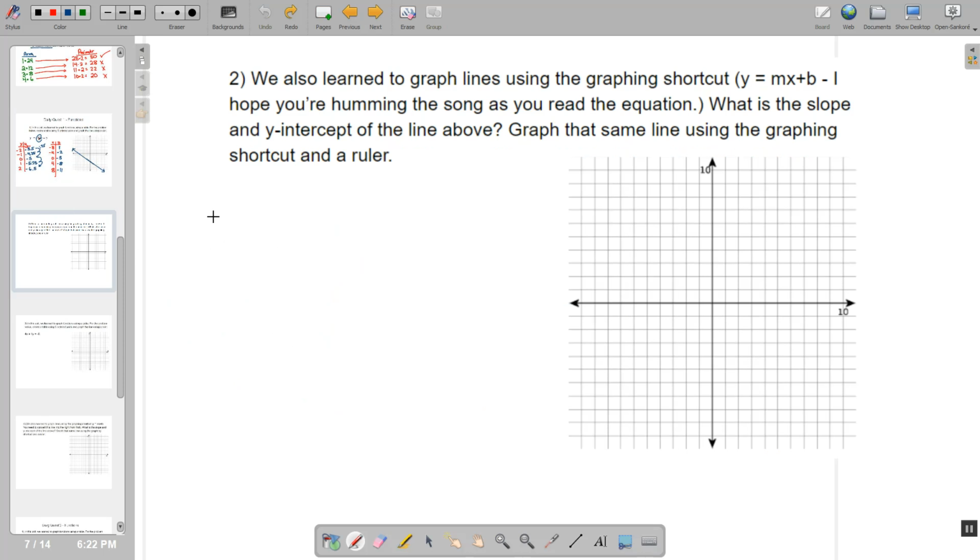Now, for our line, which is y equals -3/4 x minus 5, we can also use the slope-intercept form, which is, of course, y equals mx plus b. The point of this is to find the slope, which is m, and to find the y-intercept, which is b.